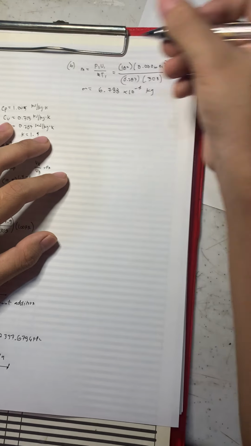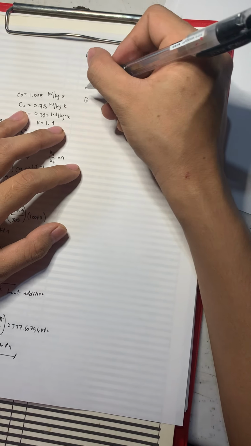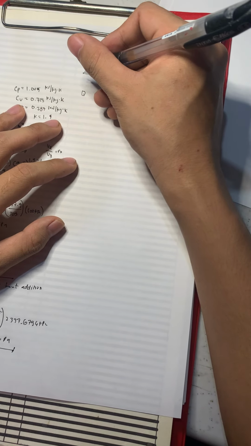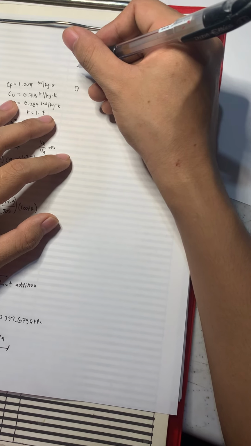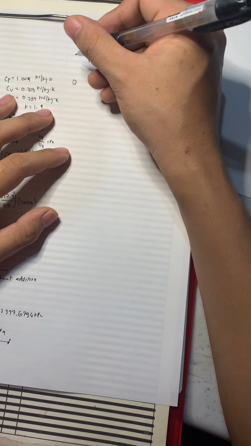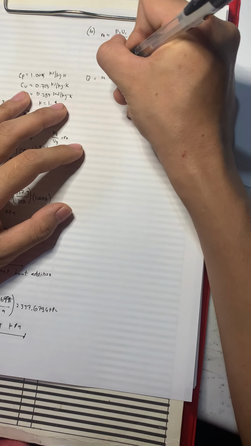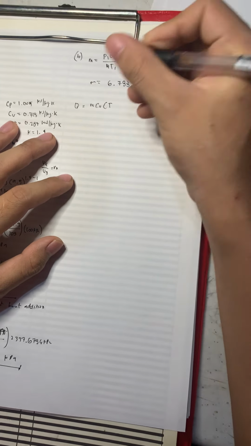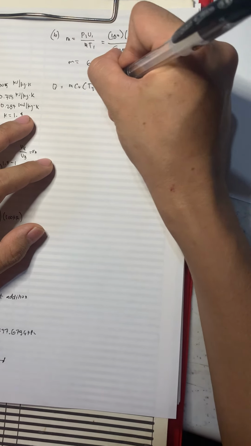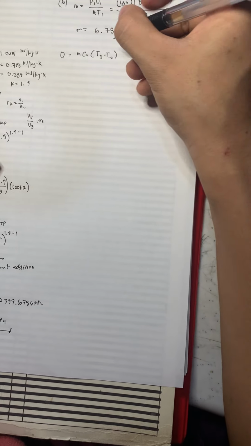Now, to solve for heat, m Cv (T3 minus T2), since it is heat added.